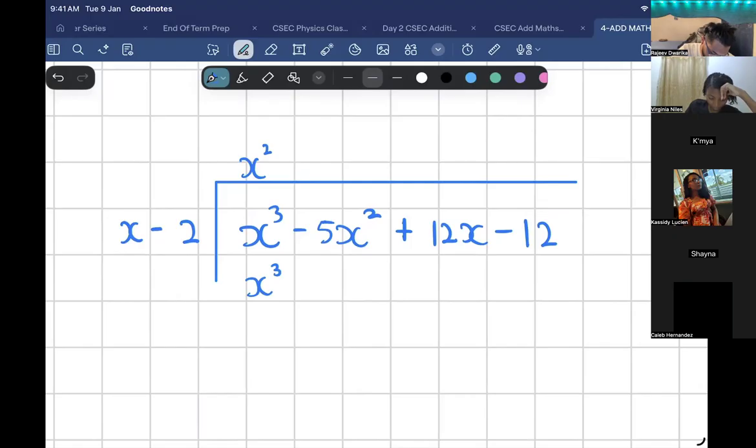And x squared by minus 2 is minus 2x squared. Minus 5x squared minus 2x squared is minus 3x squared. And then you're bringing down the 12, so you're going to have plus 12x.